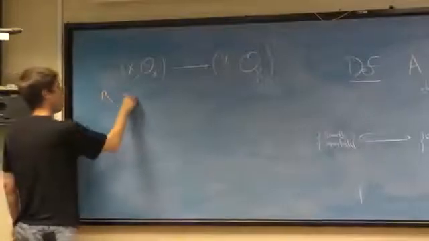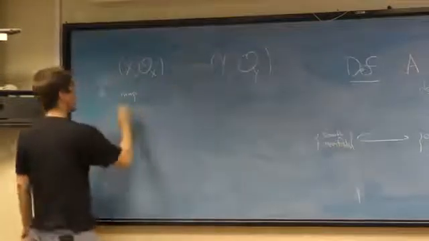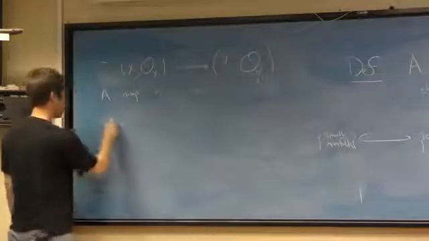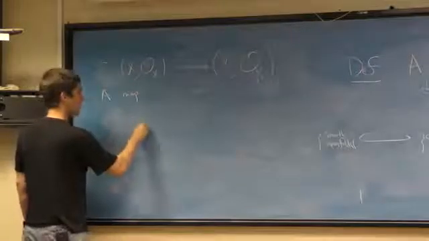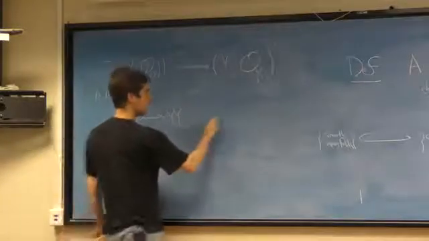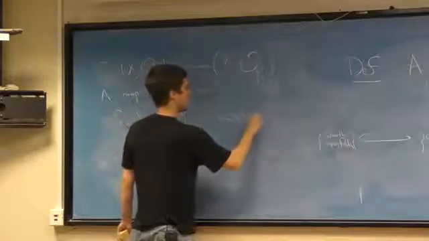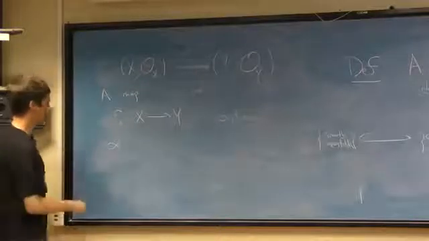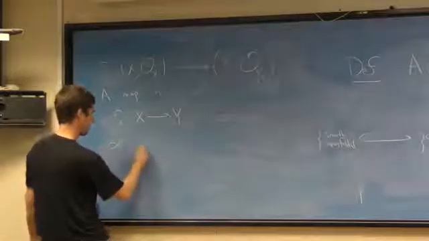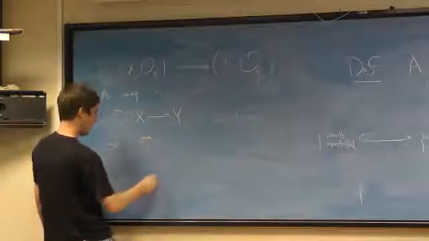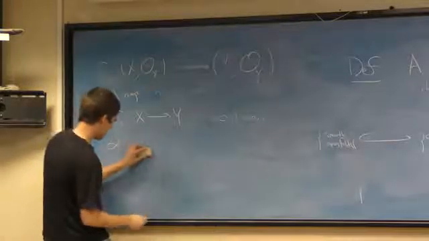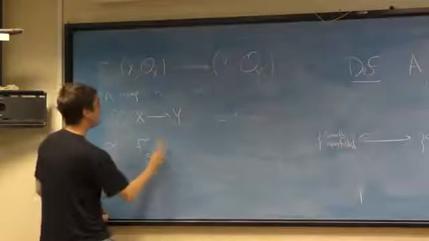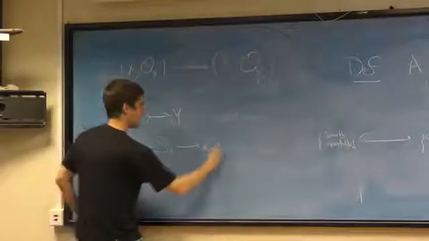A map F is a pair consisting of, first, F0, a continuous map of topological spaces from X to Y. And then alpha, which is going to be a map F0 upper star OY to OX.